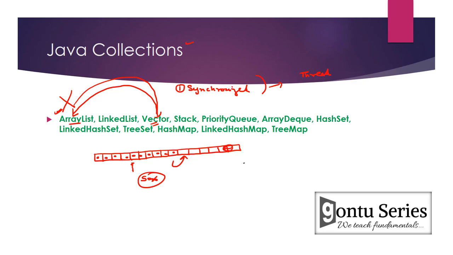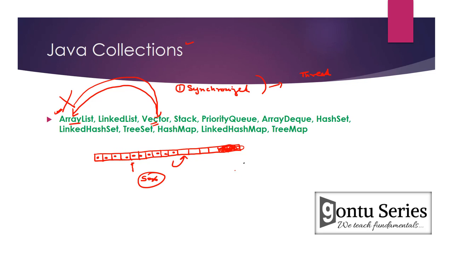So it's always going to increment the capacity of an ArrayList by 50% of its current size when it is filled up and you're trying to add one more element. This is what happens in the case of an ArrayList.